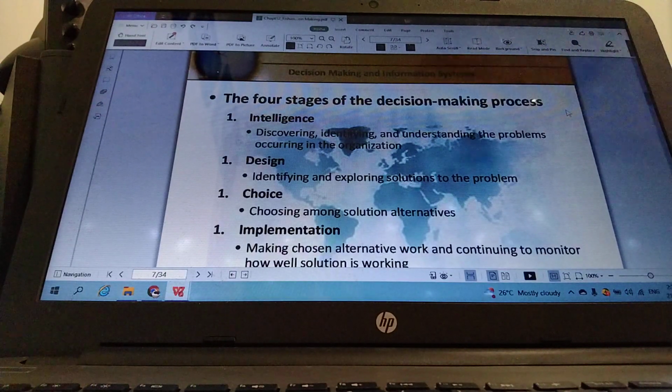Next, we call the design decision making process, or the stage which is known as the design, where it is basically identifying and exploring solution to the problem. You know what is the problem, but we don't have a proper solution. So in identifying and exploring solution, maybe more than one solution, you may have option to the problem, is what we call design decision making.